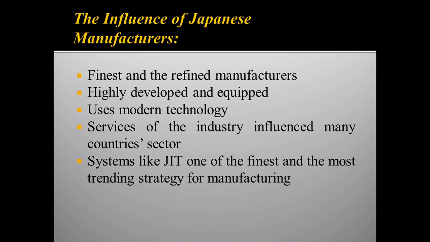Third, they possess the most modern technologies. Fourth, the services of the industry influenced many countries' sectors. And systems like JIT are among the finest and most trending strategies for manufacturing.